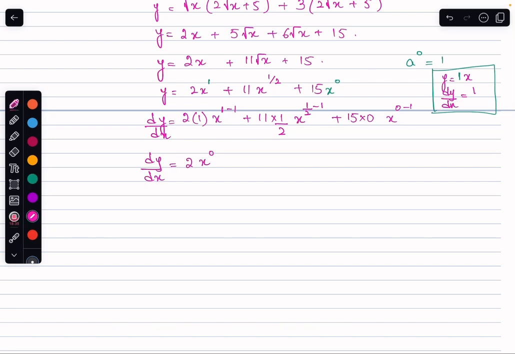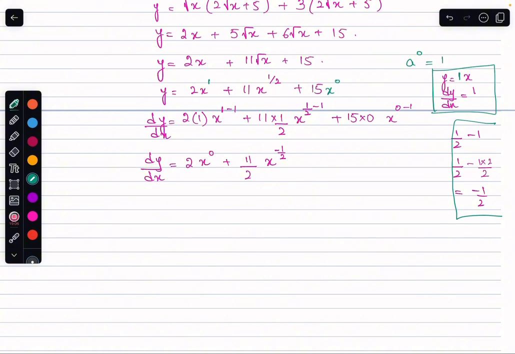So it's 2x to the power 0, and then plus 11 by 2, and x to the power 1 by 2 minus 1 gives me negative 1 by 2. So 1 by 2 minus 1, or 1 by 2 minus 2 over 2, is going to be negative 1 by 2 here. This is one working which comes very often in this question.